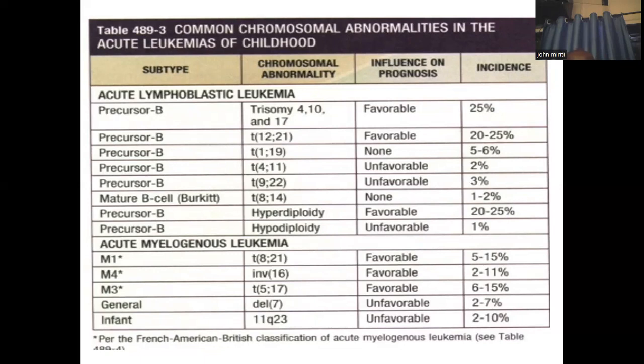Then precursor B with hyperdiploidy is favorable in 20 to 25%, and the others are not of much concern in terms of incidence. So those are the three with a lot of incidence in terms of chromosomal abnormalities in this type of acute lymphoid leukemia.